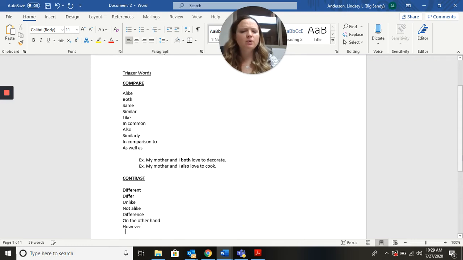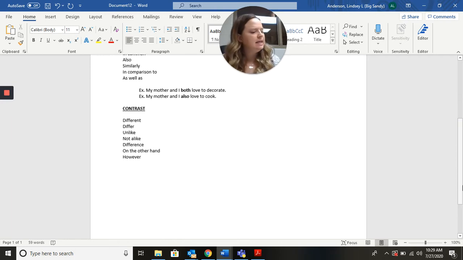However is another one of those really great transition words. Let's scroll down some so you can see. Although, even though, in contrast to, while, and but. But is very common. However would be very common.